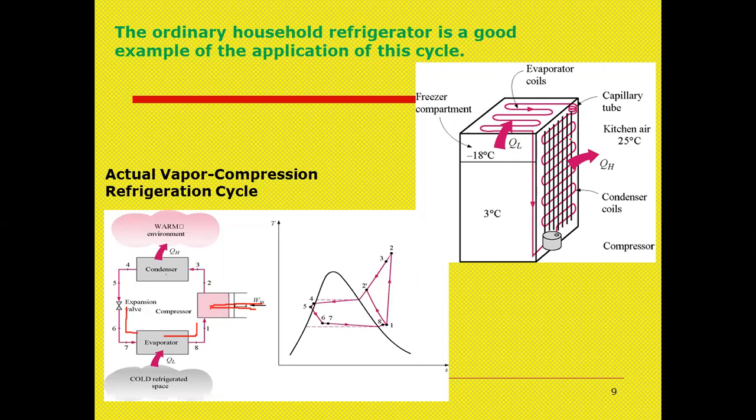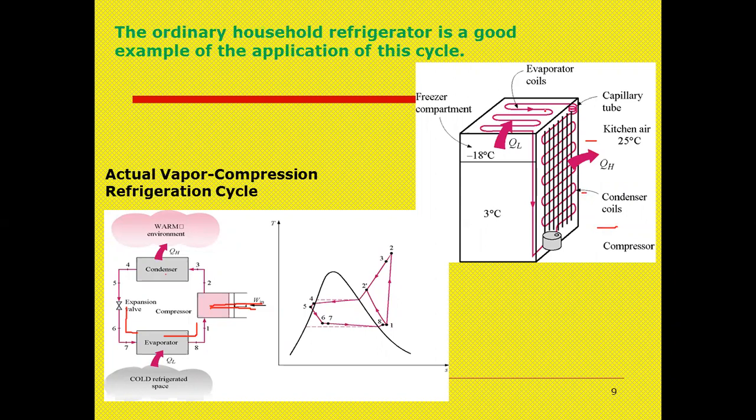So if you see the back of a refrigerator, you are having a capillary tube, you are having this S-shaped coil at the back, and the heat is coming out. QH is the heat coming out, and this one is the condenser coils, and this one is the compressor, right?